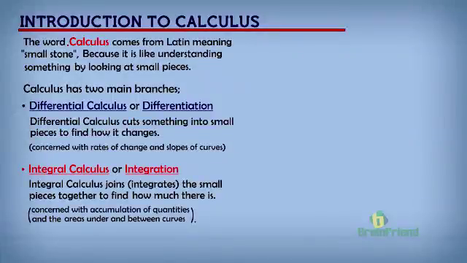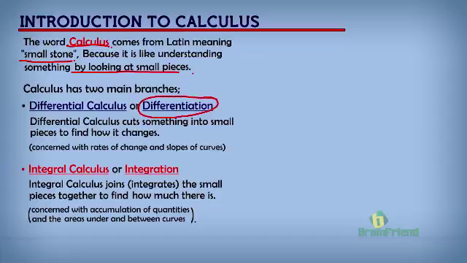Now, the word calculus has a Latin origin, and it means small stone. The word small stone is used because it's like understanding something by looking at the little pieces of that thing. So we have two main branches of calculus. We have differential calculus, which is also called differentiation.